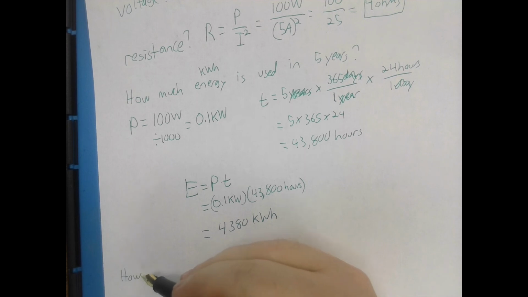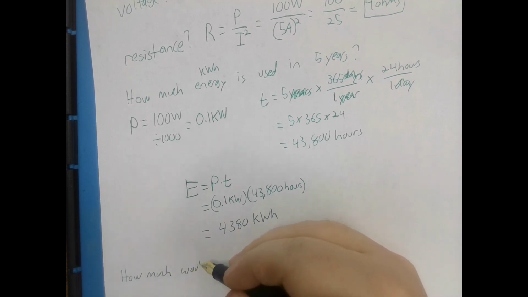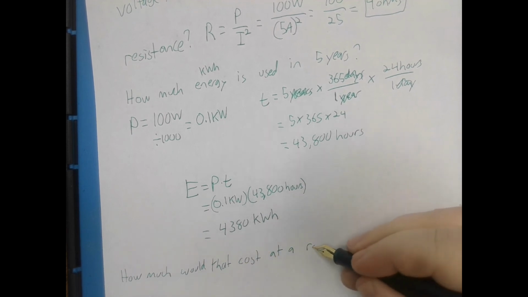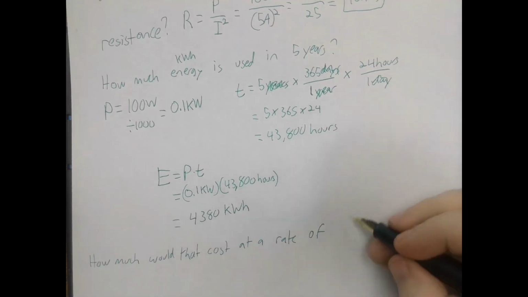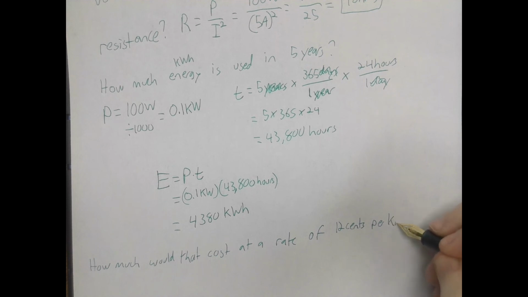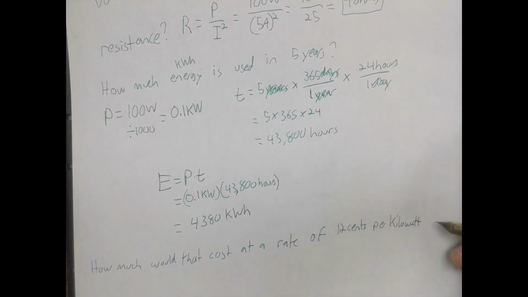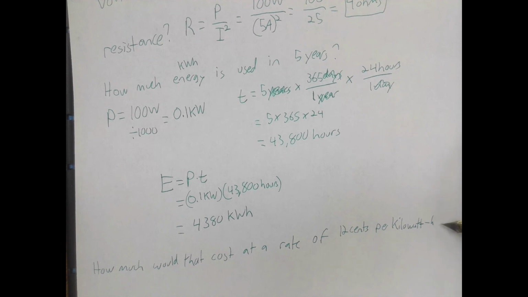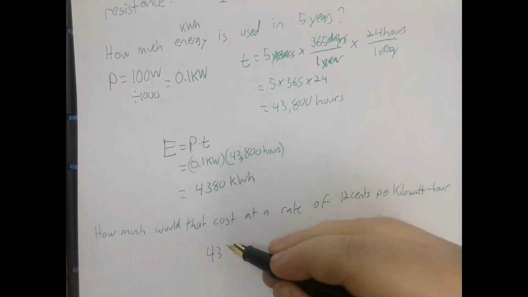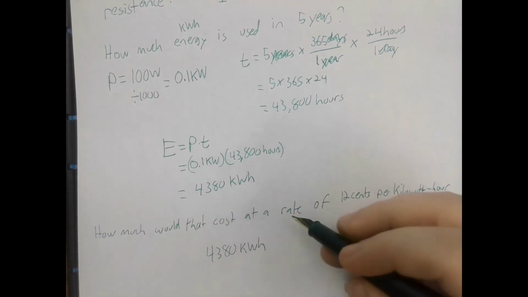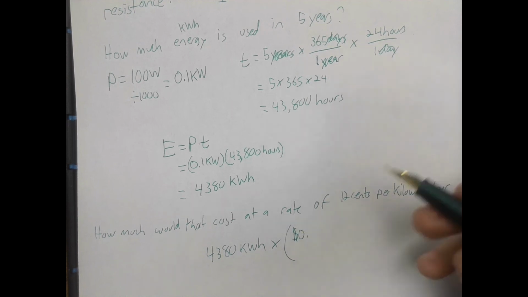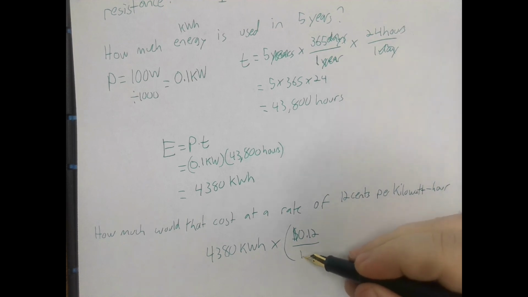And how much would that cost at a rate of 12 cents per kilowatt hour? So we have our total, 4,380 kilowatt hours. We multiply it by our rate of 12 cents per kilowatt hour.